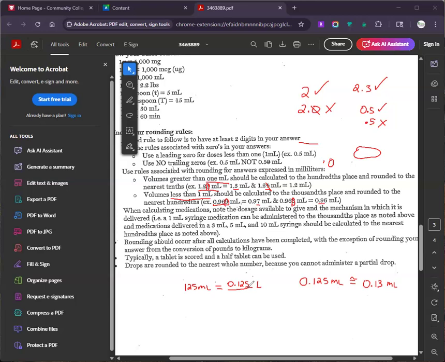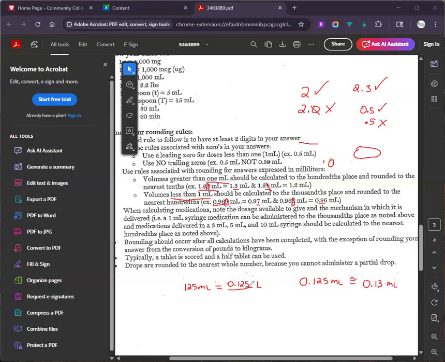I will show you throughout the practice questions when you are supposed to be thinking about rounding and when not to round. Okay. And I know it gets a little bit dicey, but really the rounding is more about the application. So if I'm going to be giving a patient a medication, then you might want to think about rounding your answer if it needs to be rounded.